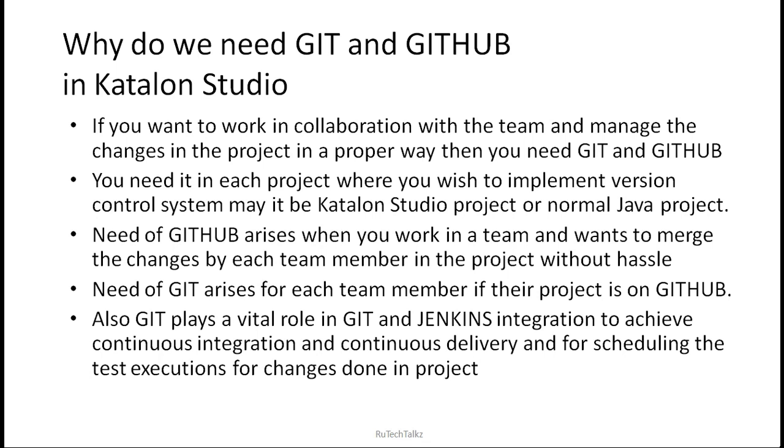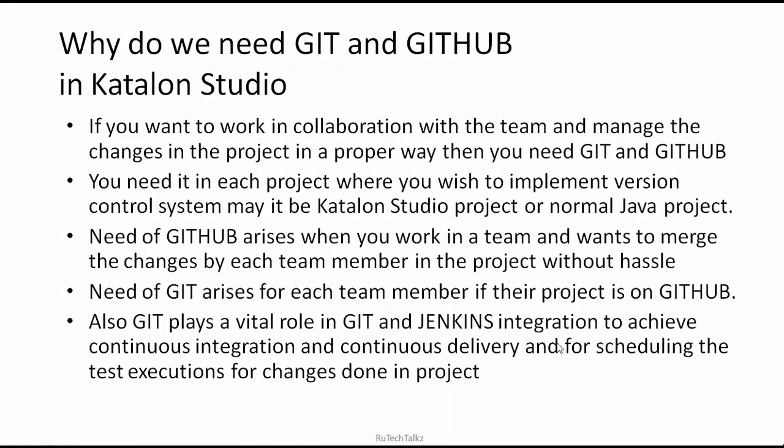The need for GitHub arises when you work in a team and want to merge the changes by each team member in the project without hassle. The need for Git arises for each team member if their project is on GitHub.